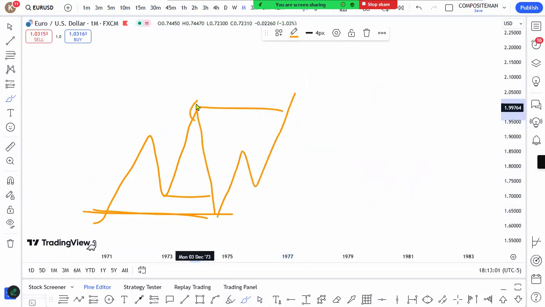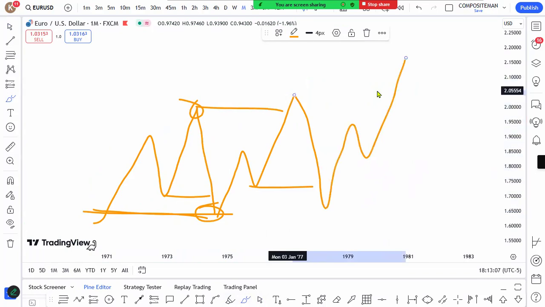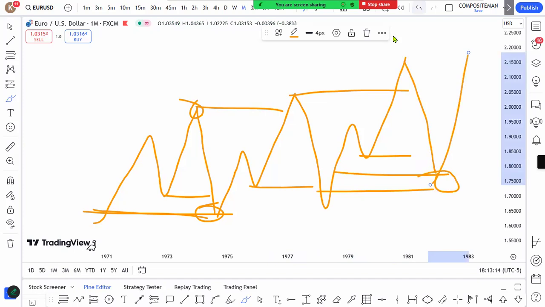This is my high, this is my low, and I have to take out liquidity like that and break the structure. Let's take out liquidity below. If you check my previous video about liquidity, you understand the process.